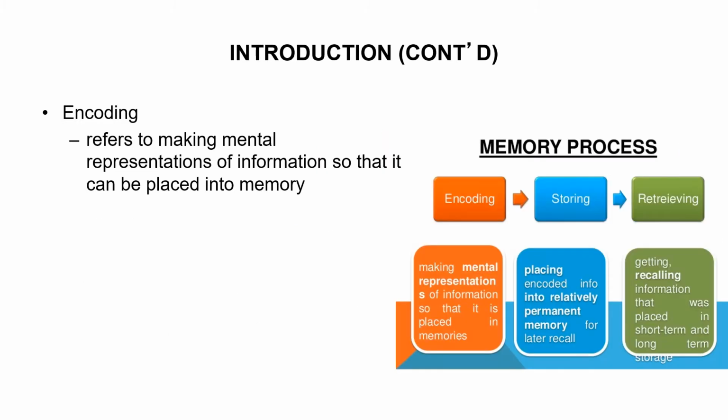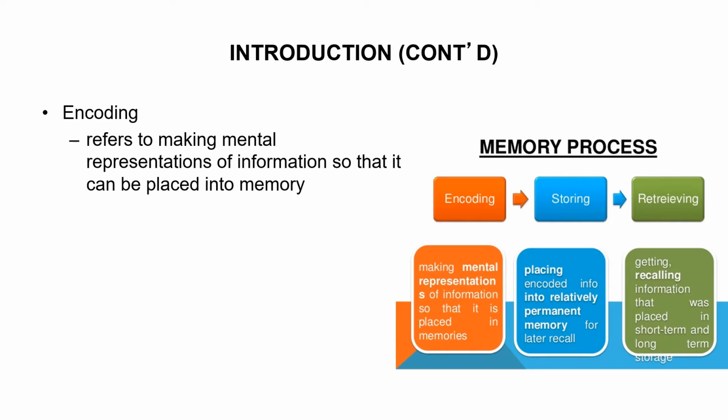So let's look at those. Encoding is the first thing. Encoding is when we're talking about making mental representations of the information so that it can be placed in a memory. So we take the information and essentially process it.